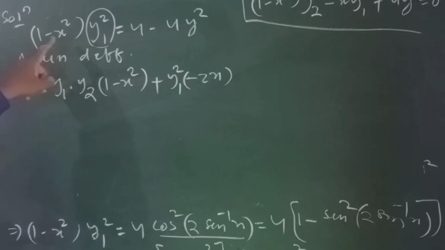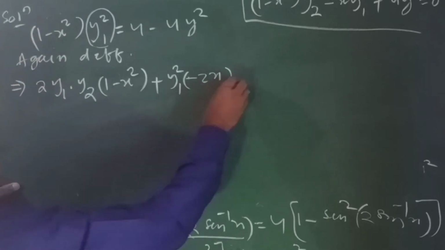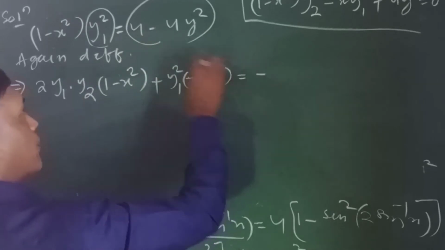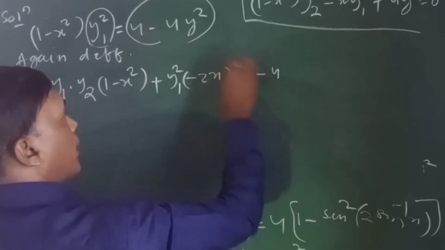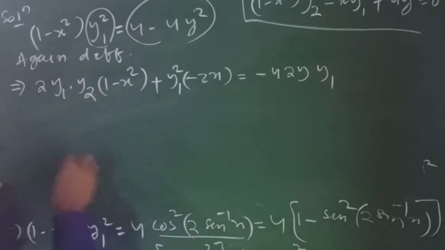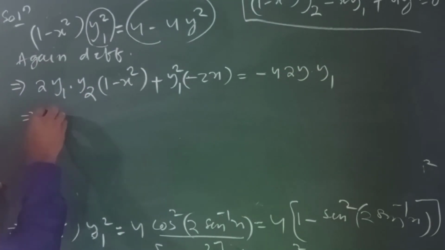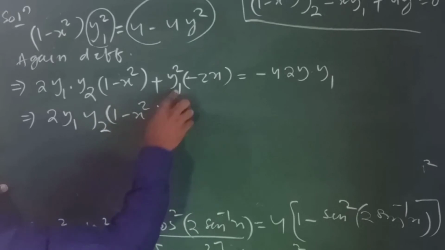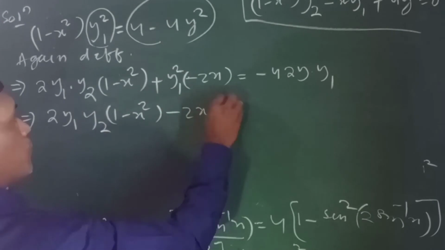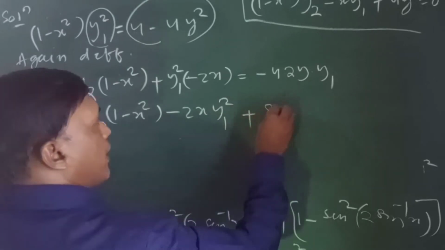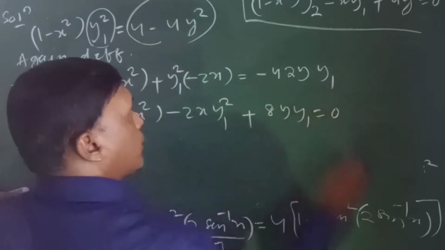The derivative of 4 is 0, minus the derivative of 4y square, and the derivative of y square is 2y into the derivative of y, which is y1. Which implies we find 2y1 into y2 into (1 minus x square), minus 2x y1 square, minus becomes plus, 8y y1 is equal to 0.